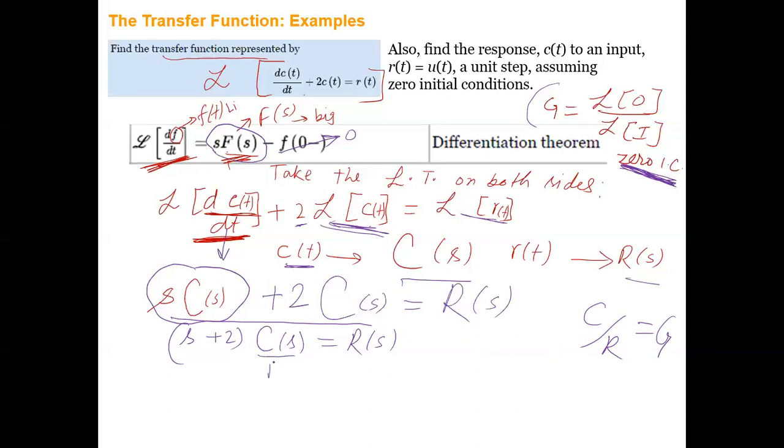Divide both sides by R and divide both sides by s plus 2. Then this cancels out, and you have C over R equals 1 over s plus 2. So this is our transfer function, done.